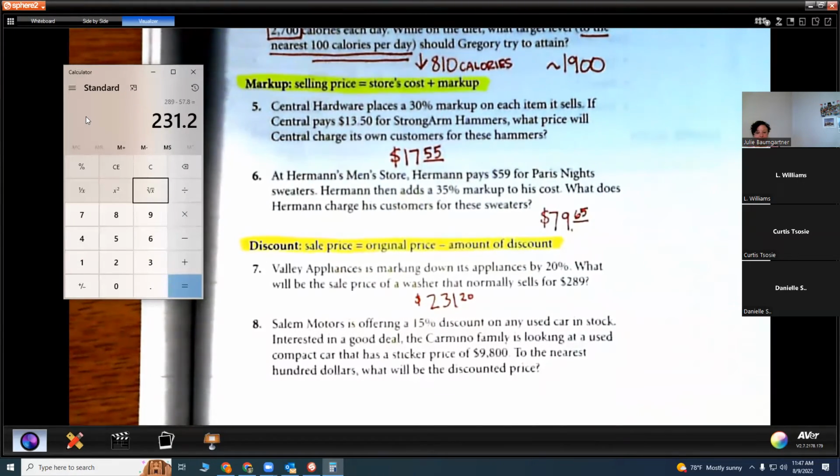All right, Salem Motors is offering a 15% discount on any used car in stock. Interested in a good deal, the Carmino family is looking at a used compact car with a sticker price of $9,800. So let's calculate our discount. The total price times 0.15. So we're going to take $1,470 off.